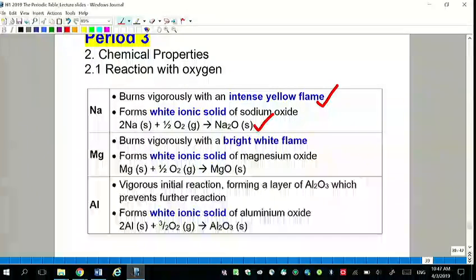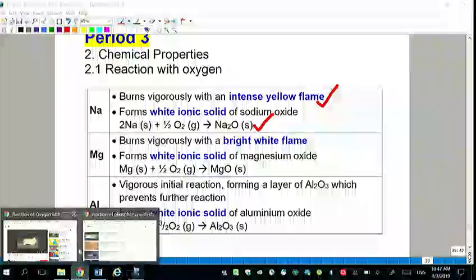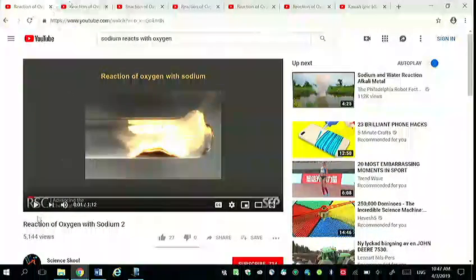There are a lot of things for you to memorize. Please make sure that you go back, look through it again, and then try to memorize it. I'm going to show you what happens so that it leaves a deeper impression on you. If I burn sodium in oxygen, this is what is going to happen. So this is sodium reacting.